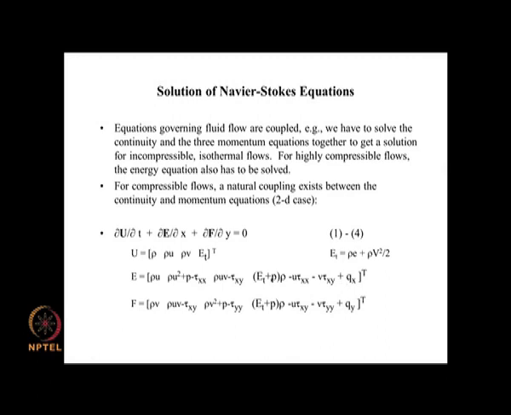So all the terms come together in the form of the energy balance equation, and for simplicity we have written these as taus, but these taus are given by the Newtonian fluid approximation, that is τij is equal to μ times ∂ui/∂xj plus ∂uj/∂xi plus λ times ∂uk/∂xk. So it is the same definition that is there for the tau here.